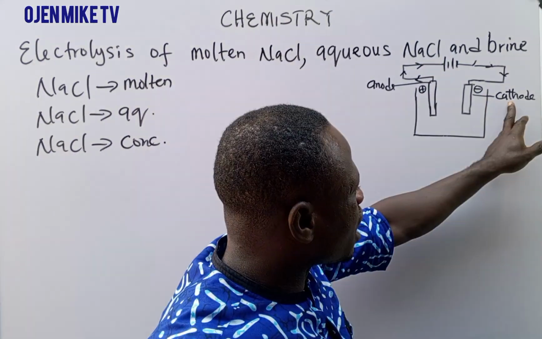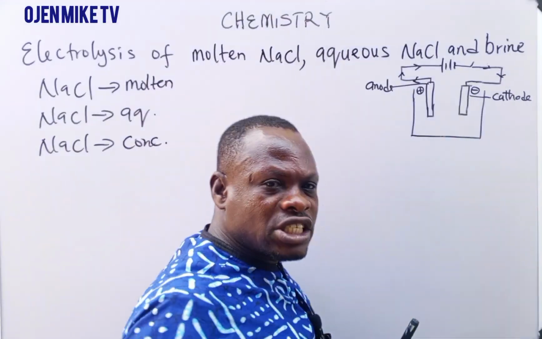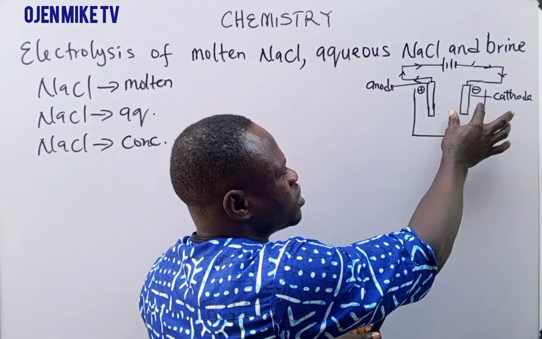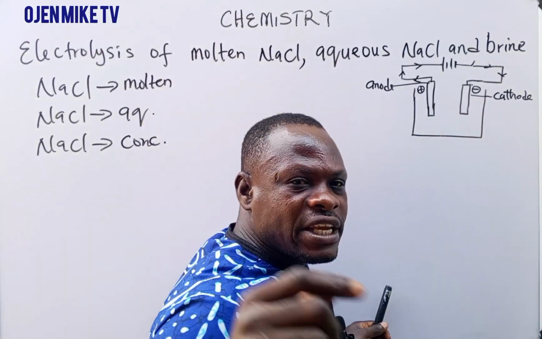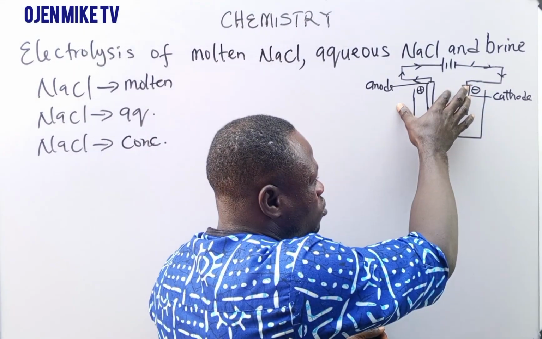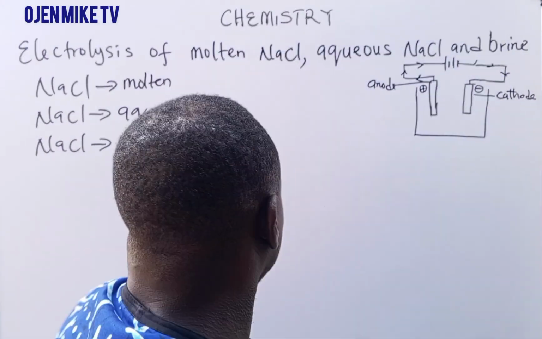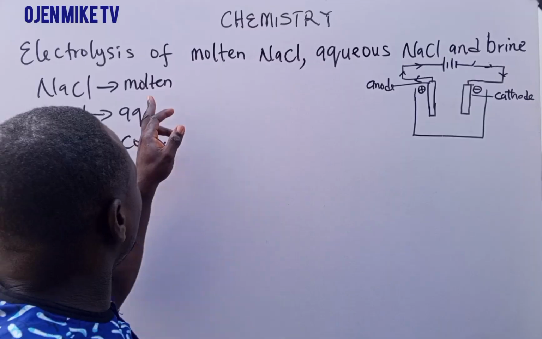Mind you, the positive ion will always migrate towards the negative cathode, while the negative ion will migrate towards the positive anode. Now let's go to the first one.